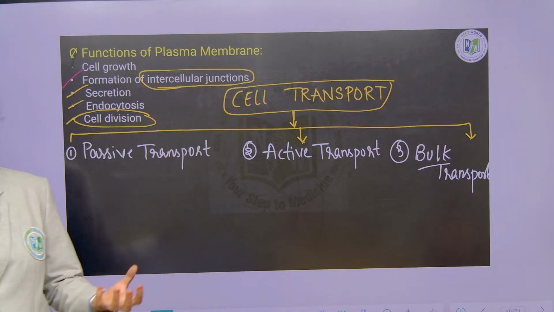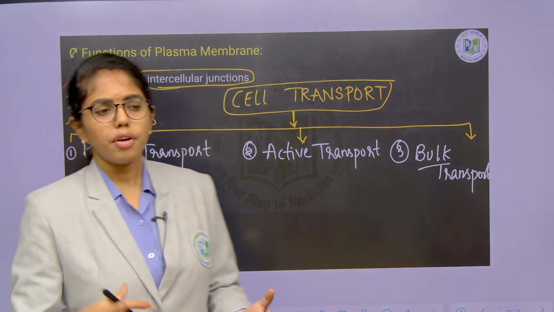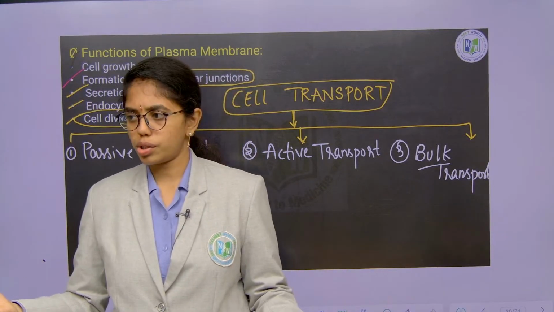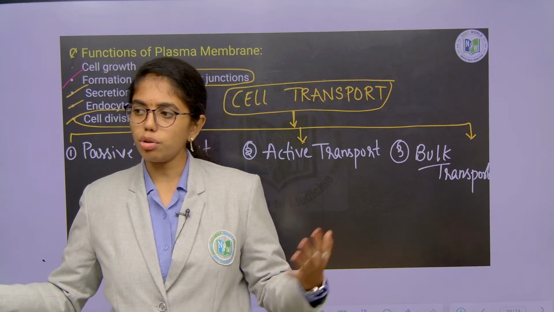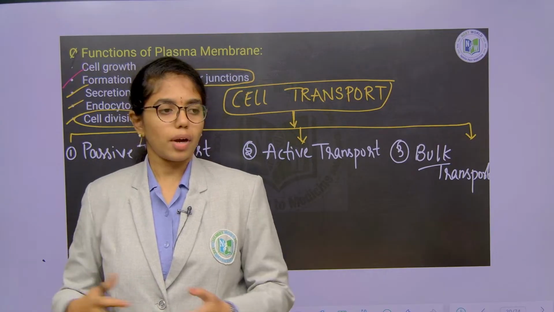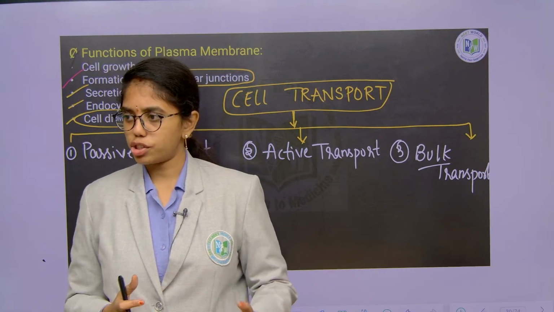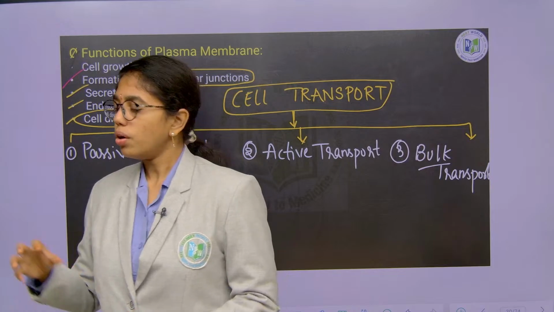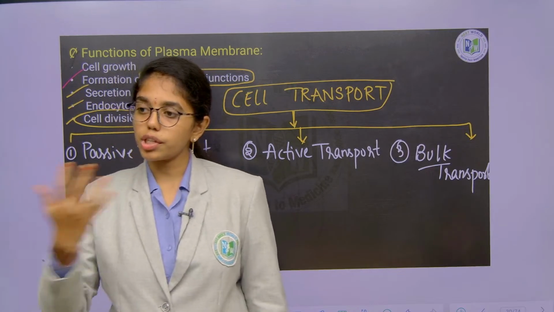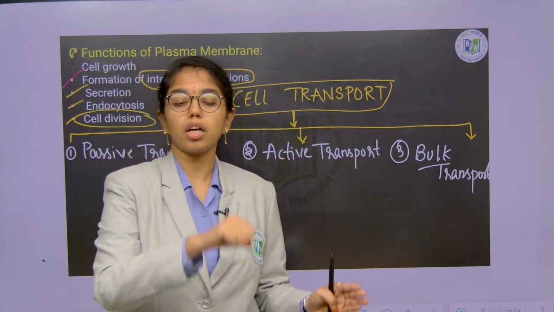Passive transport is transport of any materials from high concentration to low concentration, or high water potential to low water potential. It might be gases, liquids. So transport from high concentration to low concentration means it is along the concentration gradient.